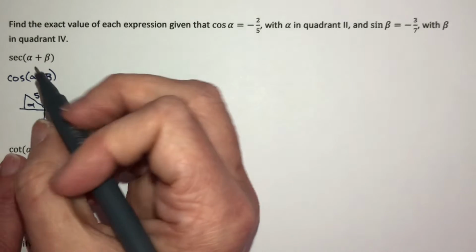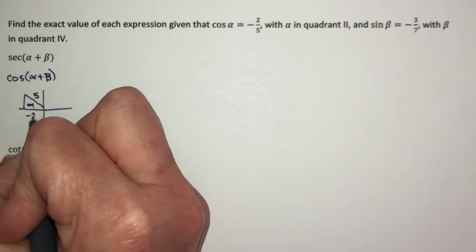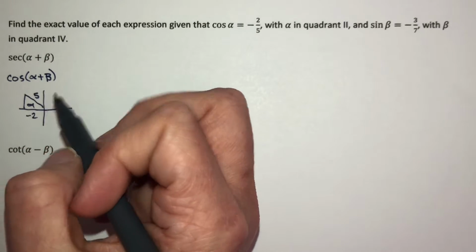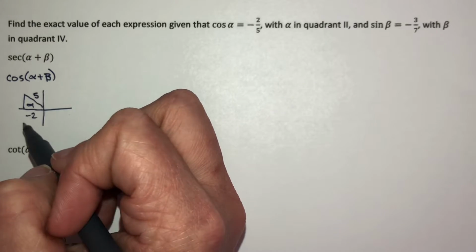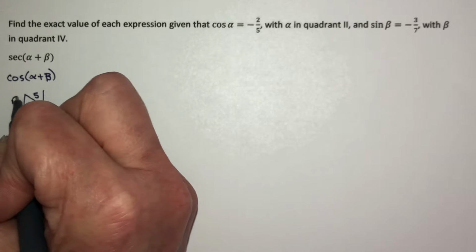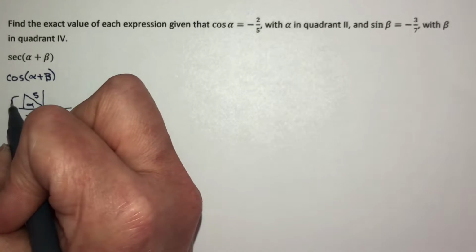This will be a negative 2 here. And if you use the Pythagorean theorem, it'll be 25 minus 4, which is 21. So square root of 21 goes right here.